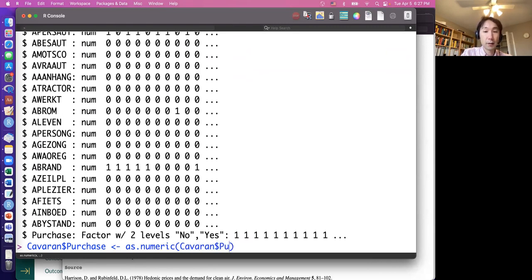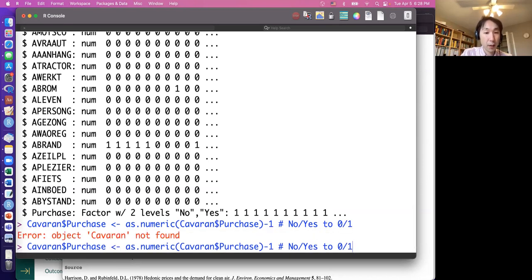This variable is a factor variable, so converting the factor to numeric, no becomes 1 and yes becomes 2. But we want to make it a 0, 1 variable, so no, yes to 0, 1. So we subtract 1, then no becomes 0 and yes becomes 1. Caravan.